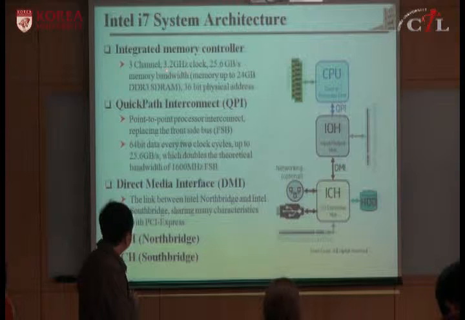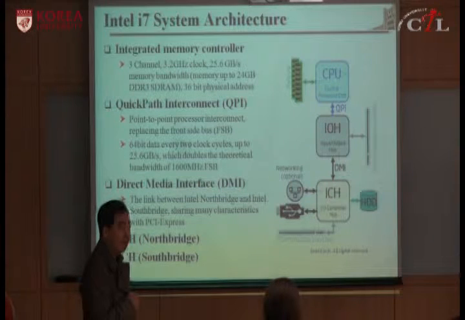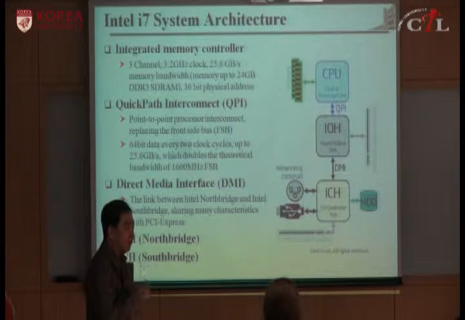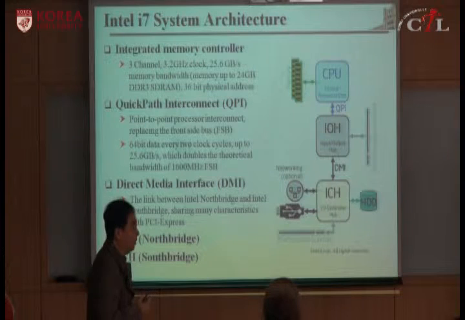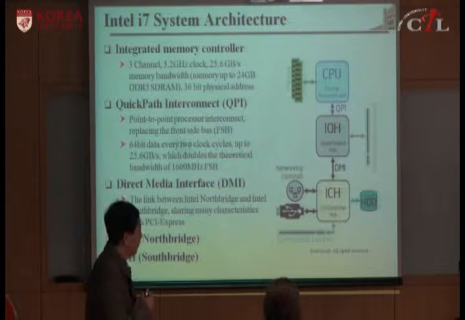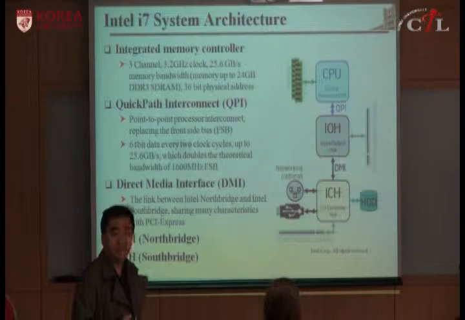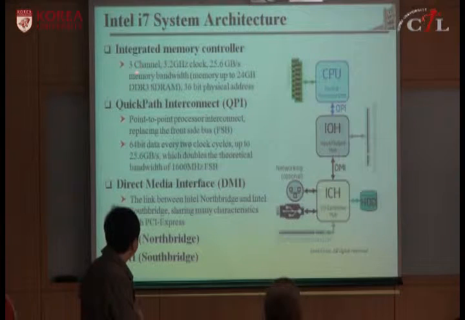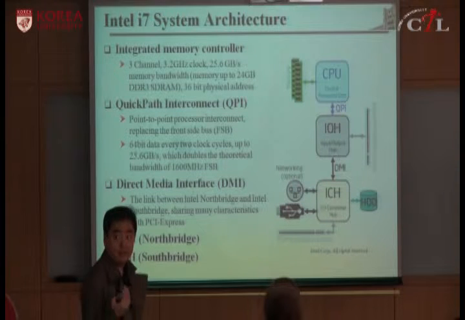It runs at a 3.2 gigahertz clock, but actually the memory clock speed is about 1.07 gigahertz, and there are 3 channels. So the total runs at 3.2 gigahertz, and each channel is an 8-byte point-to-point connection.